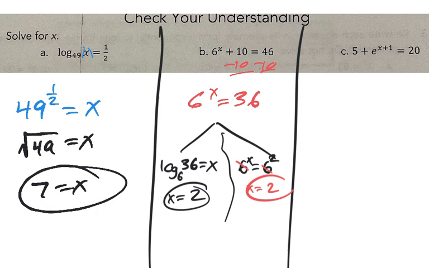Let's look at C. C says 5 plus e to the x plus 1 equals 20. Subtract 5. So e to the x plus 1 equals 15. And then you can rewrite it as e to the x times e to the 1, right?